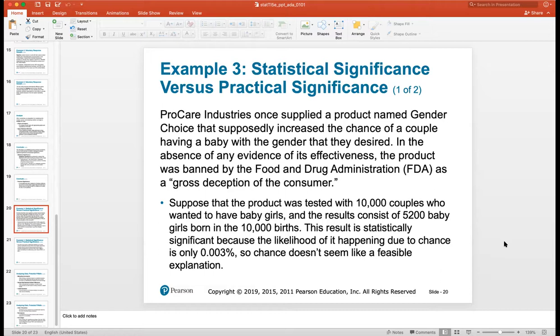This result is statistically significant because the likelihood of it happening due to chance is only 0.003. It's definitely less than or equal to 5%, right? So chance doesn't seem like a feasible explanation. That's the example of statistical significance.